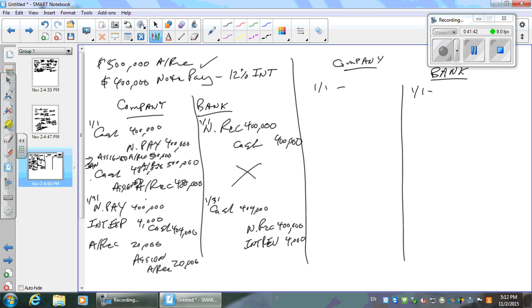Debit. Company gets the cash, $400,000. They have a note what? Yeah, so this is no big deal. What is the bank going to do? No receivable. And cash. Okay.